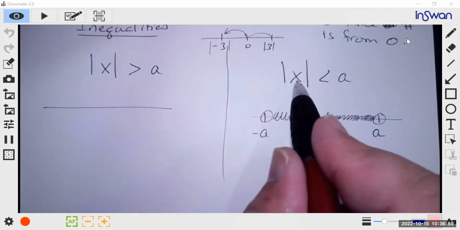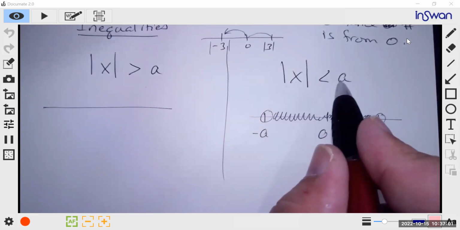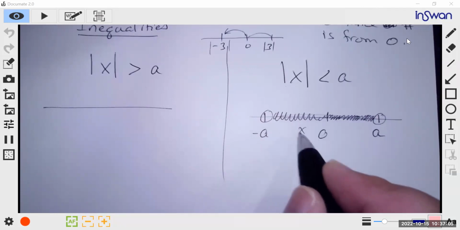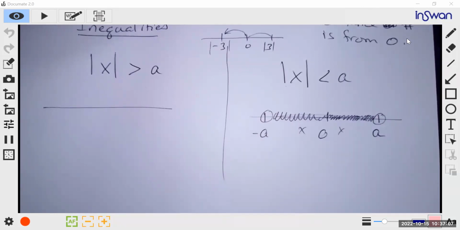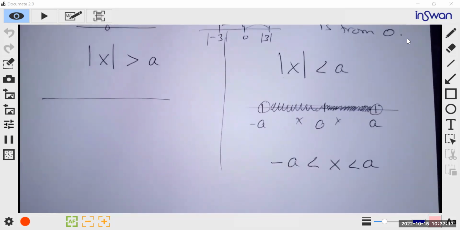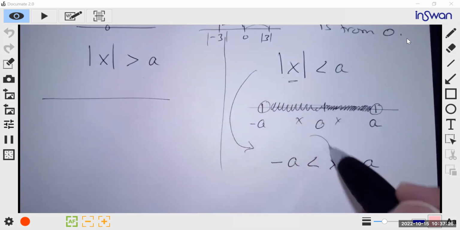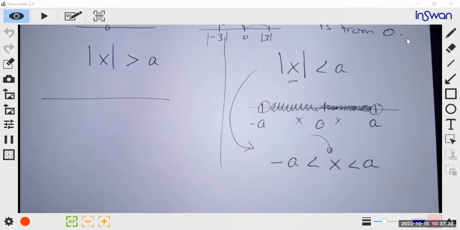So whenever you drop the absolute value sign of a less than symbol, remember the squiggly line here, those are my x's. In this case, x is between negative a and a. Whatever's inside goes between negative a and a.